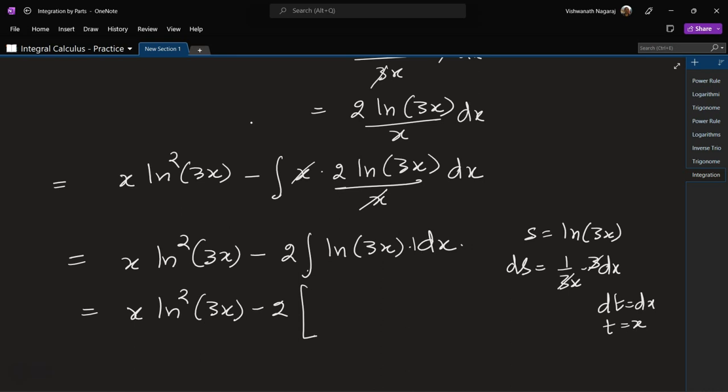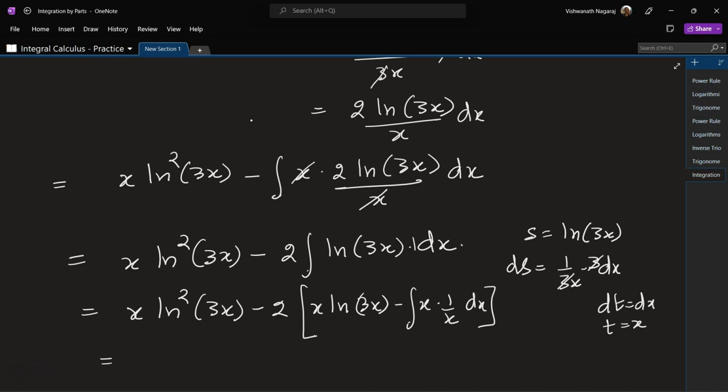Okay, so we have s, ds, dt and t. So let's apply. st is going to be x natural log of 3x minus integral of t ds, so that is x times 1 by x dx.